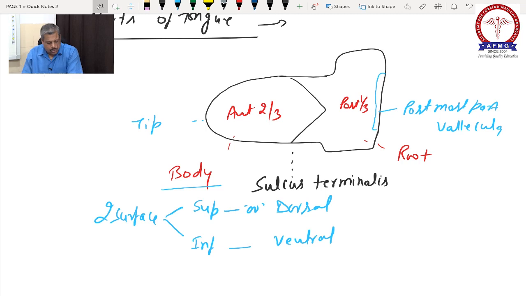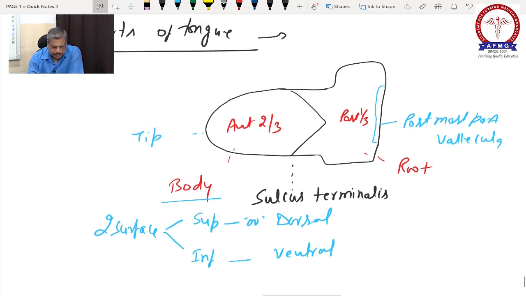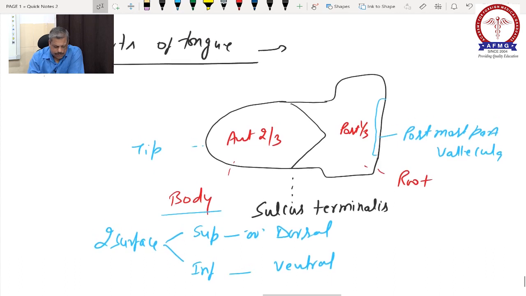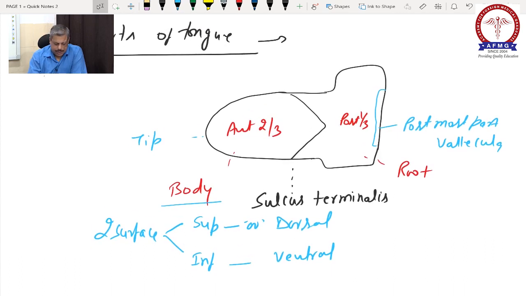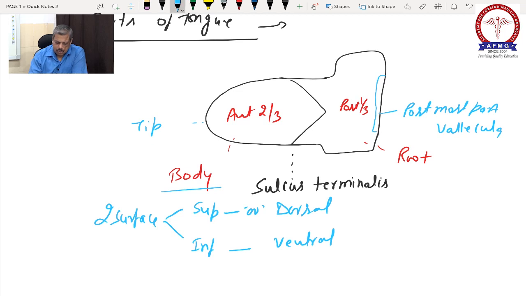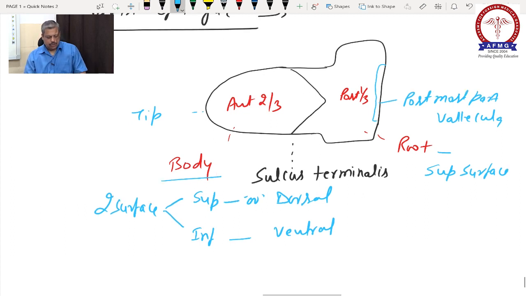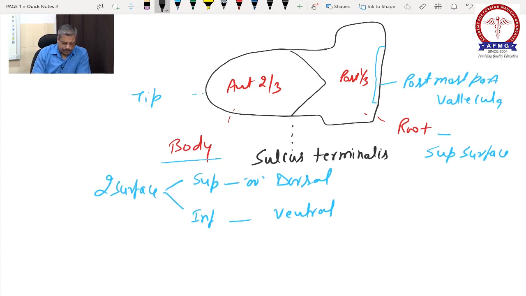Clear? So these are the parts of the tongue. Now see the next point, the root. Root has only superior surface. Now we will talk about the superior surface of the tongue.